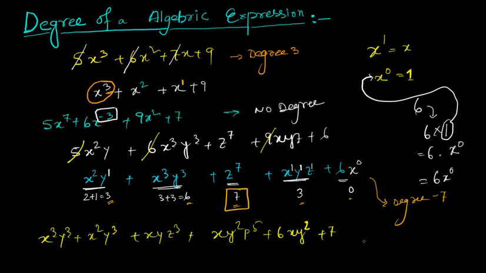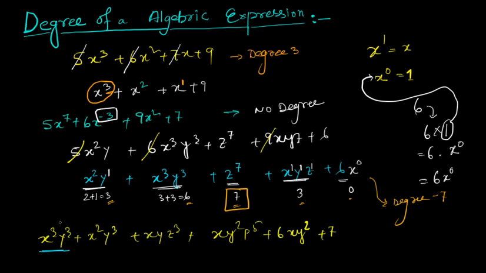Just pause the video, find out the degree of this algebraic expression, and write the answer in the comment section. Okay, I think you got the answer. If your answer is 8, then you are correct. Otherwise, let me help you out.